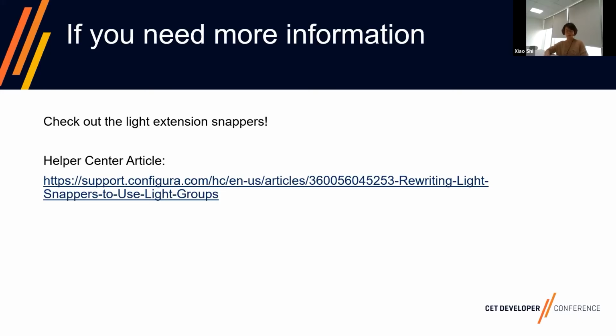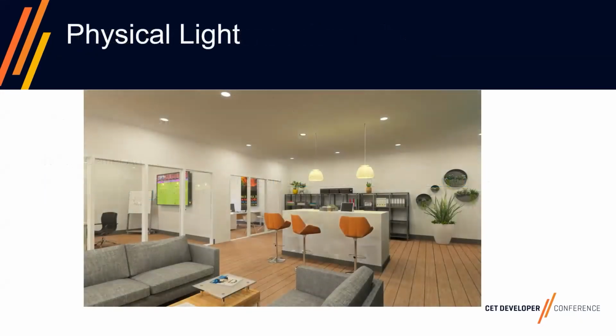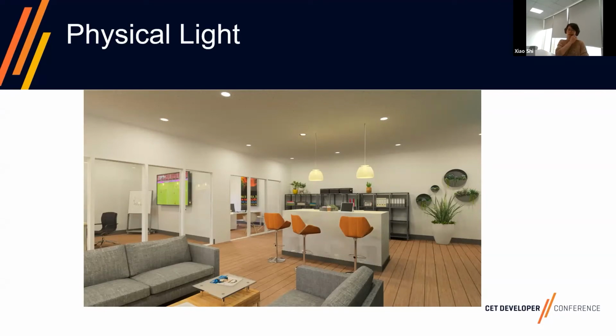About a new light, the physical light. The physical light is a new type of light that comes in 12.0, and this is a render picture using the physical light.